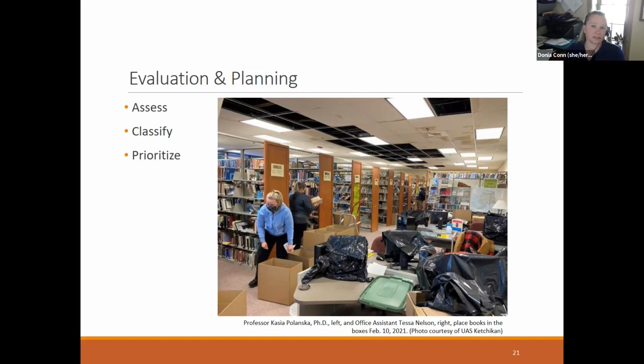And if you're at a larger institution and you've got multiple departments within, say, the library here doing this work, you've got the reference collection doing their own classification between wet, damp, and dry. You've got your special collections doing it. You've got your general collections doing it. You bring all three of those departments together to say, okay, each of you, how many boxes do you need, so that you have one box order to put in rather than three.